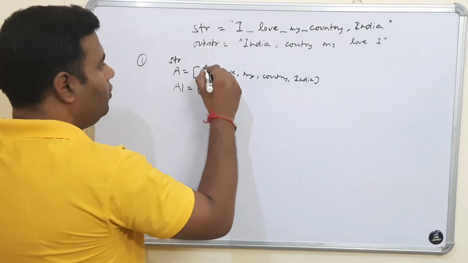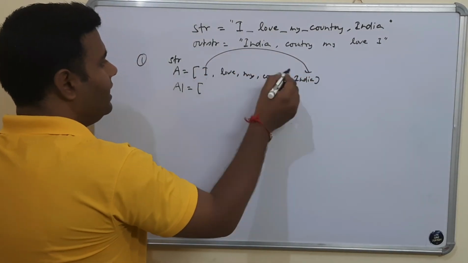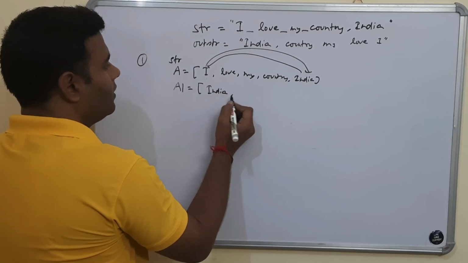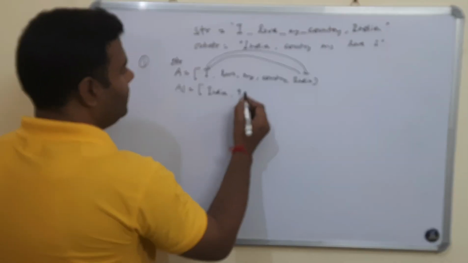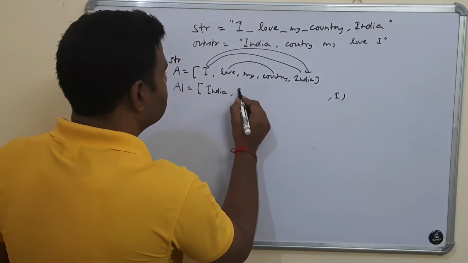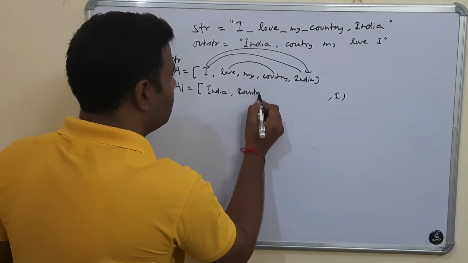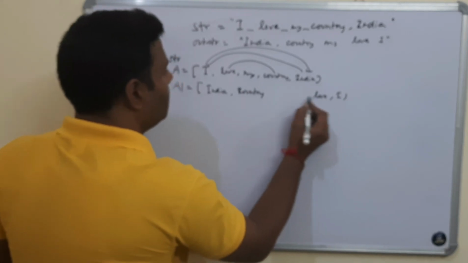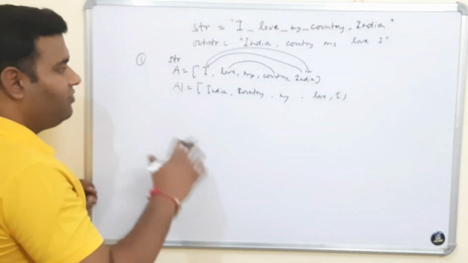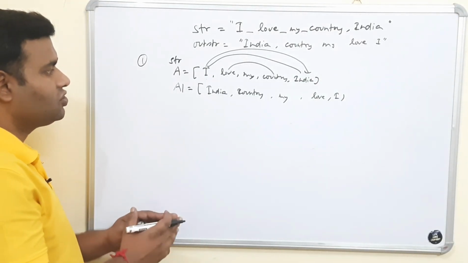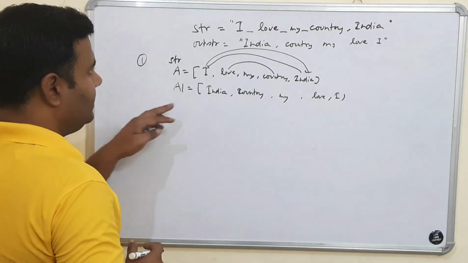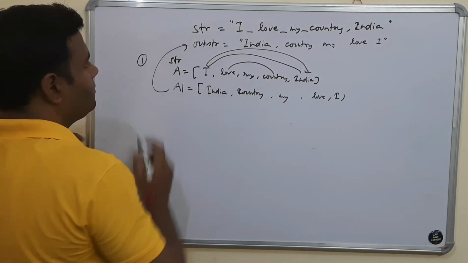To reverse it, you put the first to the last and the last one to the first, and then swap the others, and my will remain. After this you will create a string out of this array with a space for each element, and in this way you can get your output.